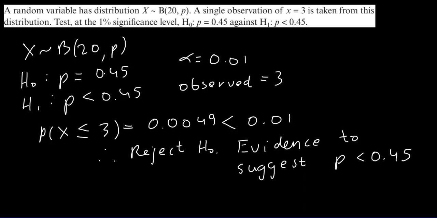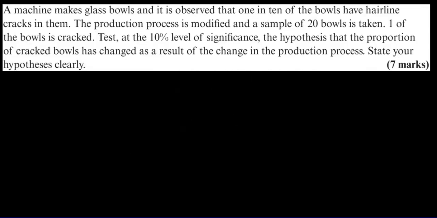Okay, let's have a look at the next example. This one now is a contextual problem, and it's worth 7 marks, as we can see there. So we need to get the distribution from this, the hypotheses, get the significance level, and then we're going to conduct the test.